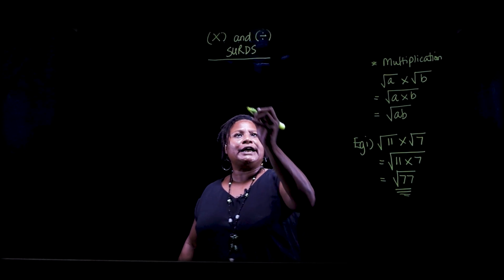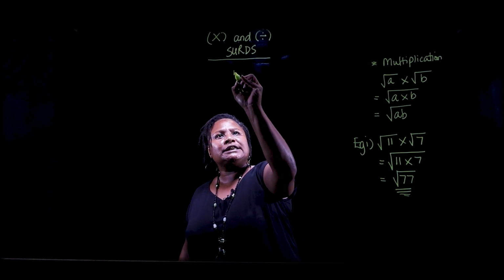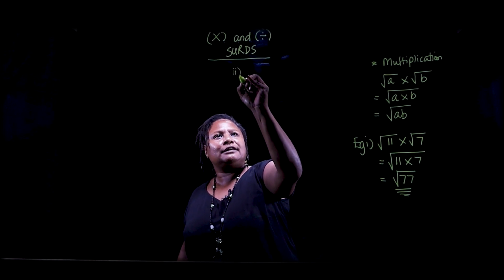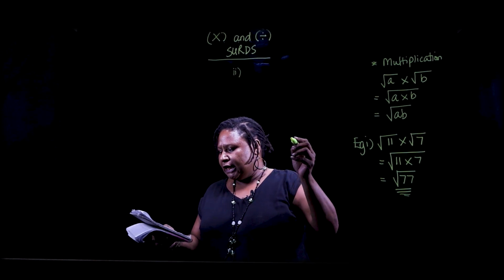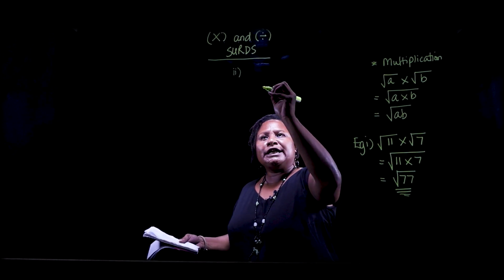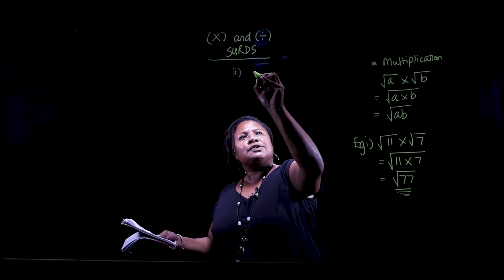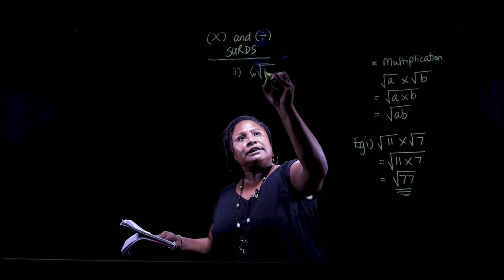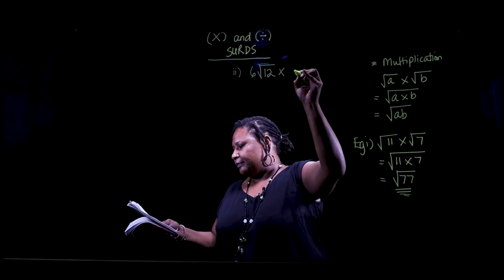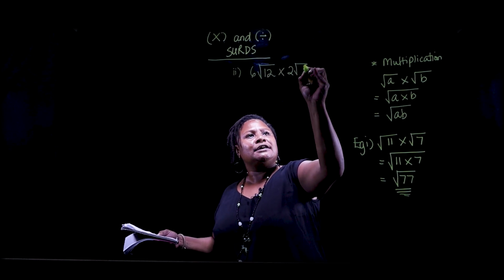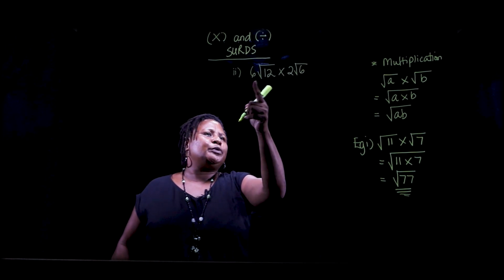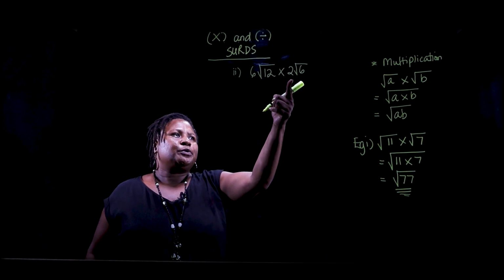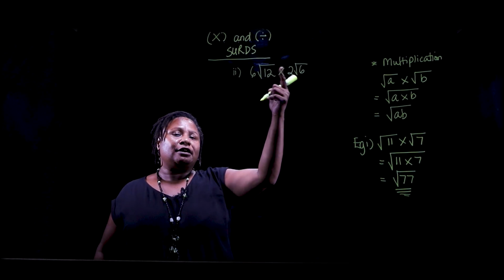Now let's move to example number 2. This time let's look at radicals with a coefficient, and let's see how we can simplify and work it out. So 6 root 12 multiplied by 2 root 6. In order to work this out, we have to work with the coefficients before the radical.